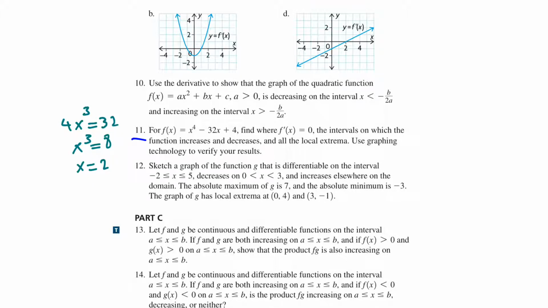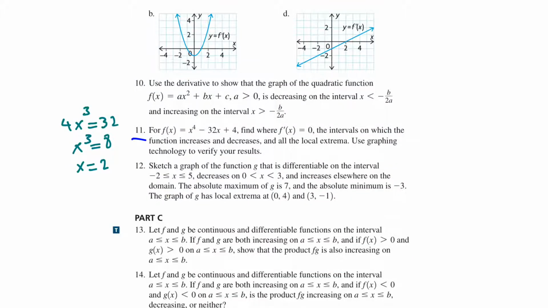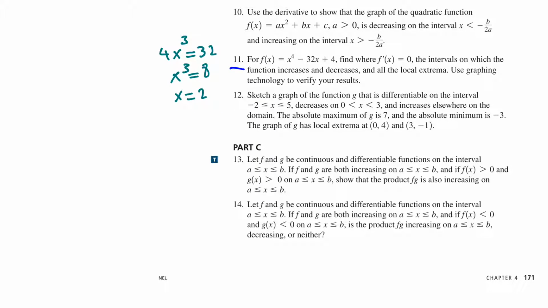We draw the sign chart for the derivative of the function. Derivative is 0 at x equals 2. For x less than 2, derivative is negative, and for x more than 2, it is positive.